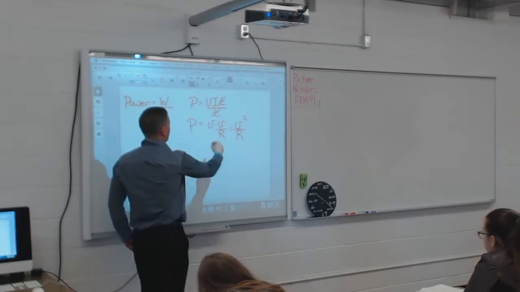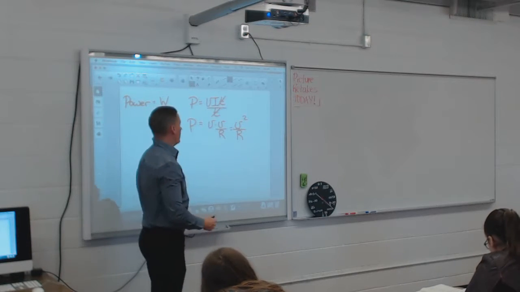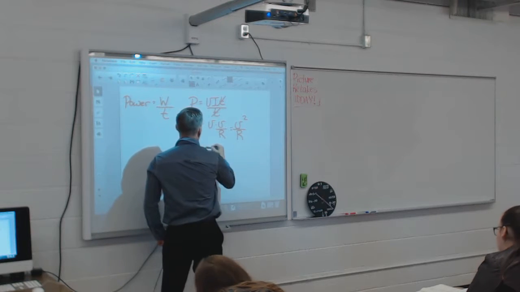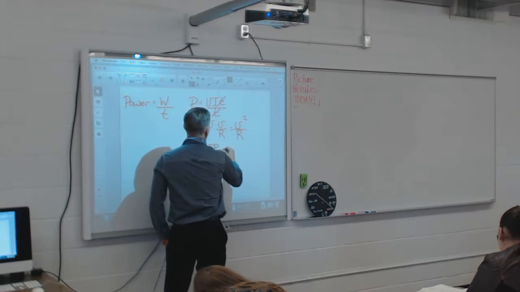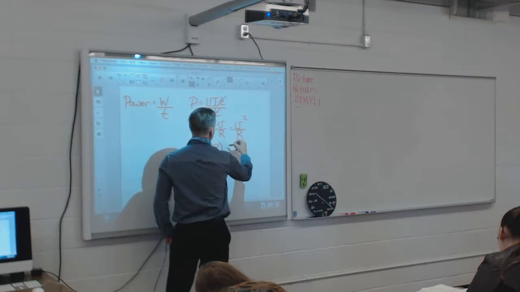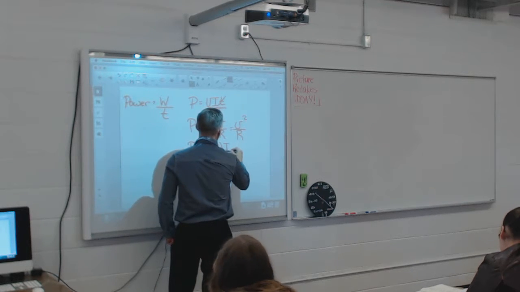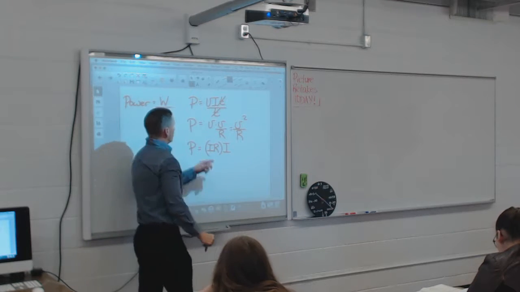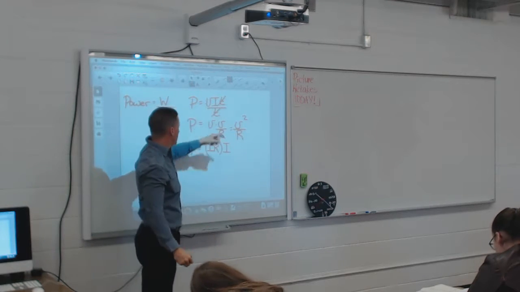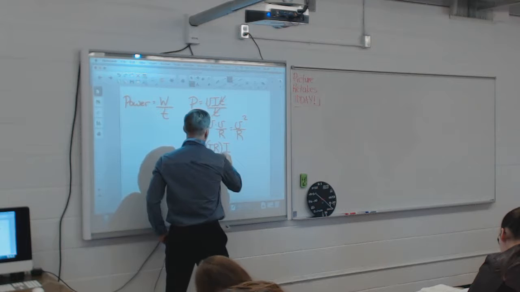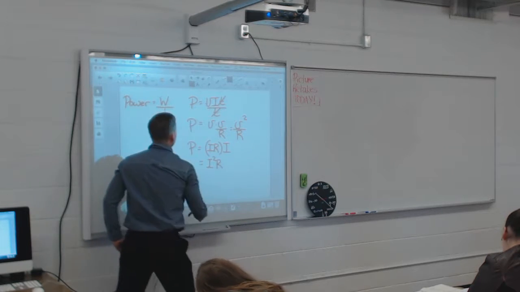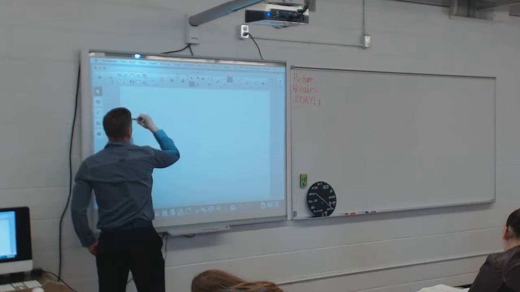Let's say that I don't have voltage, that I have I and R. So from Ohm's law, V is equal to IR, correct? So if I substitute IR in for V here, I end up with I squared R. So the long and short of it is this.